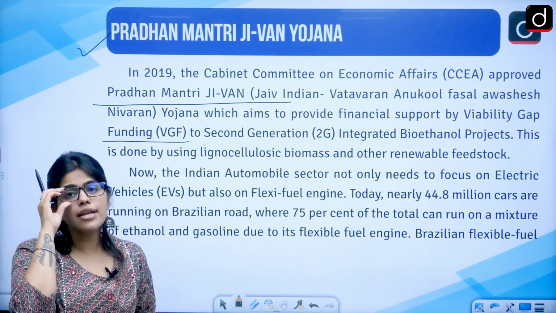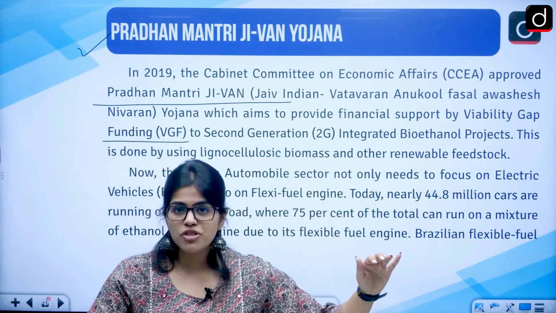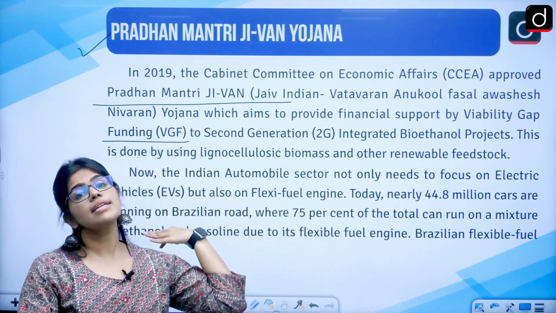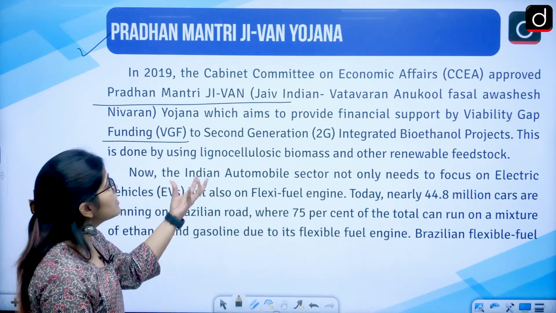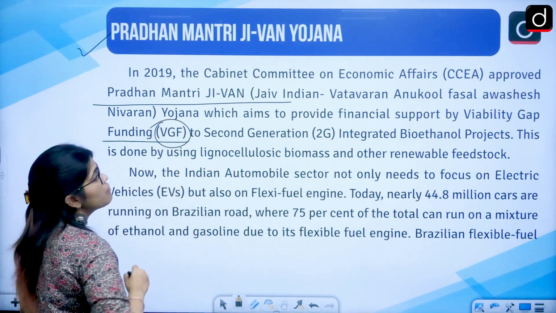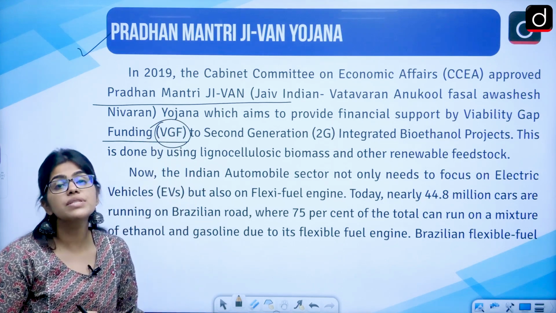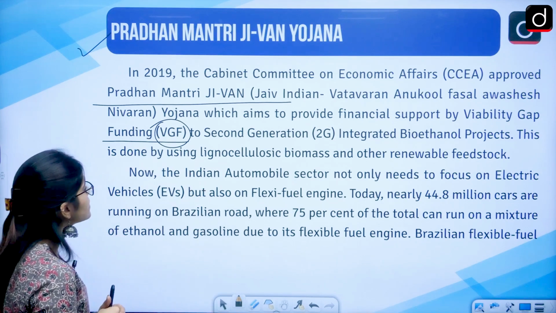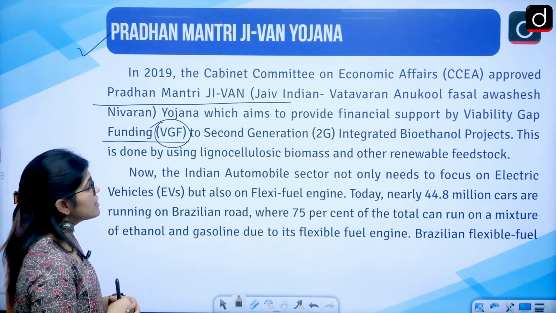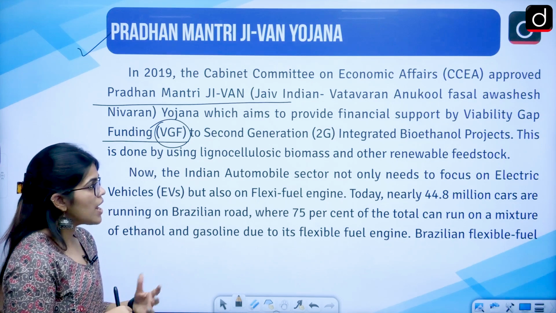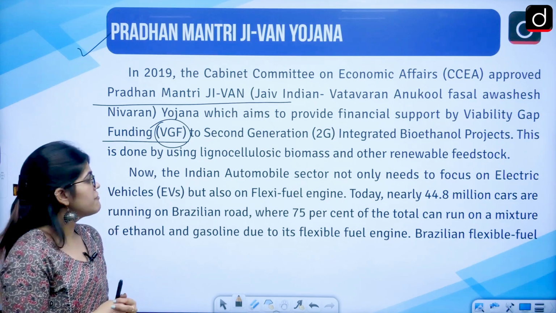So the first generation was complete. Now in 2019, with the help of VGF, support was given to start using second generation ethanol. This is done by using lignocellulosic biomass and other renewable feedstock.